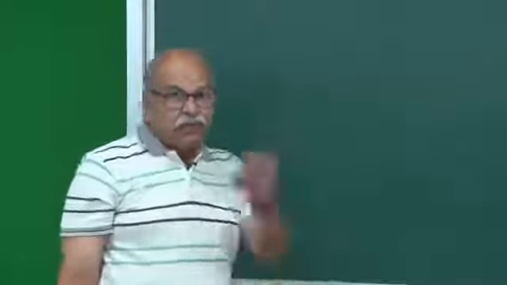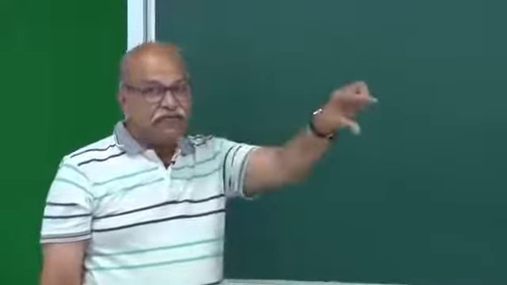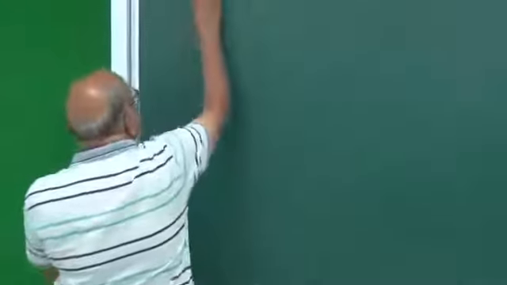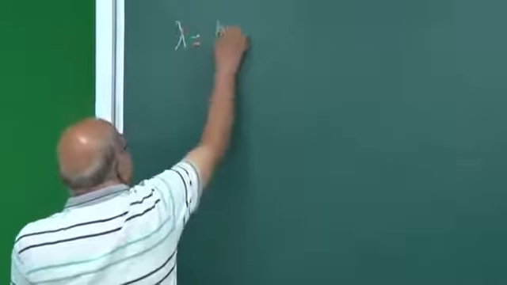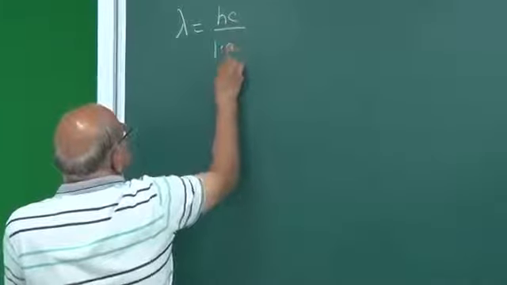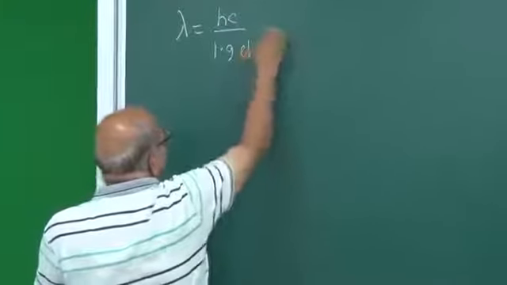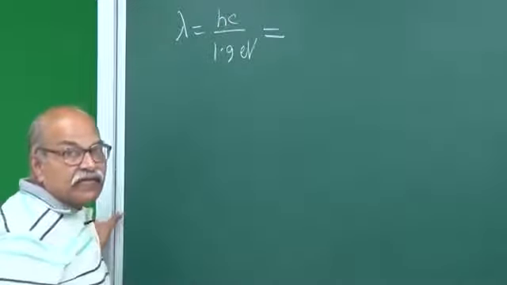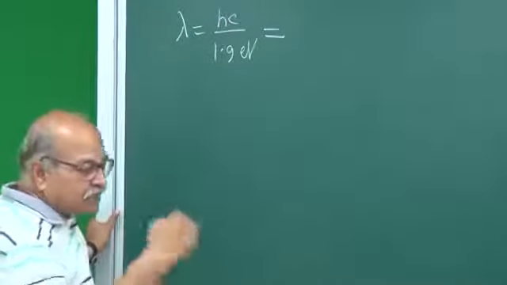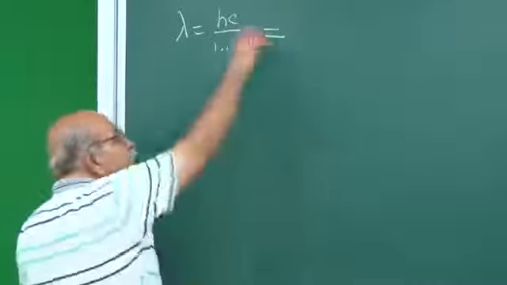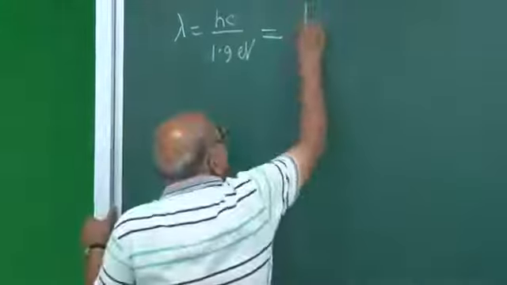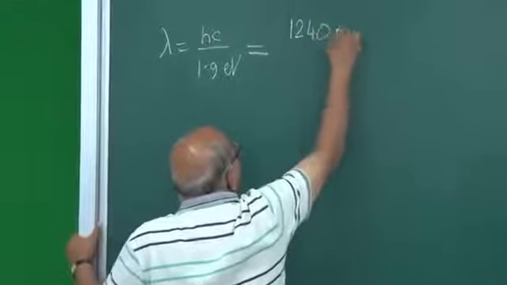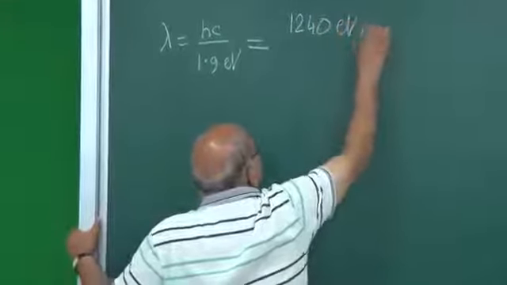So for the 1.9 eV energy lump, that photon, the corresponding wavelength lambda will be hc divided by 1.9 eV, where h times c is Planck's constant times speed of light. If you put the values and convert into the units I am going to use, this is very close to 1240 eV nm.